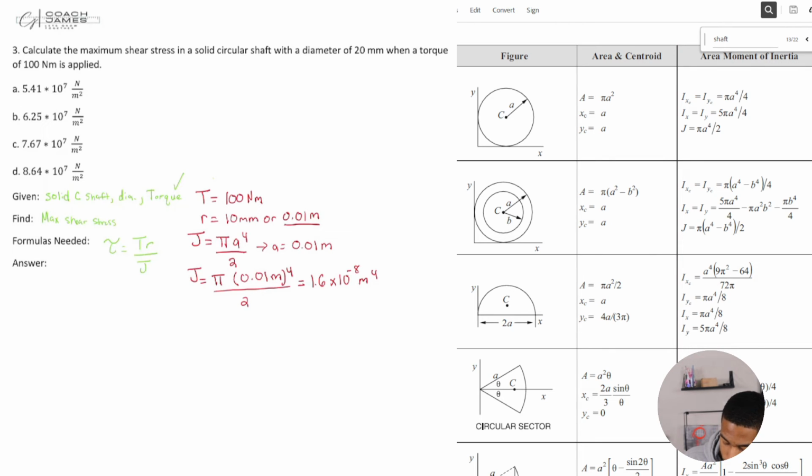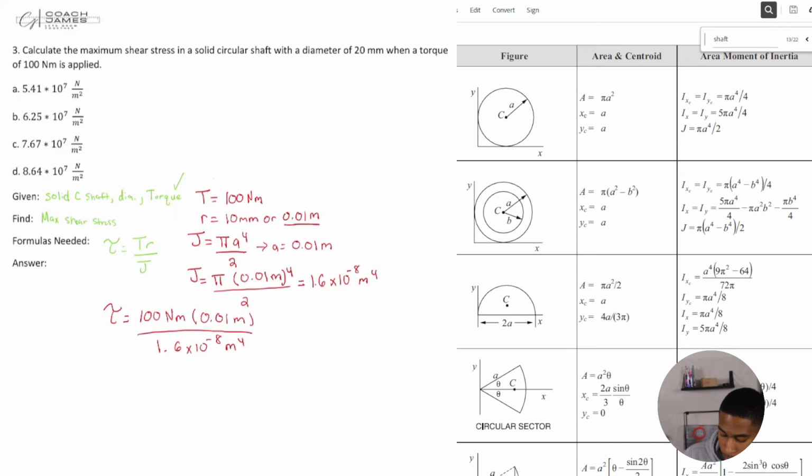Now I have all the variables I need to solve for my stress. Stress is equal to T, 100 Newton meters, times R, 0.01 meter, divided by 1.6 times 10 to the negative 8 meters to the fourth.